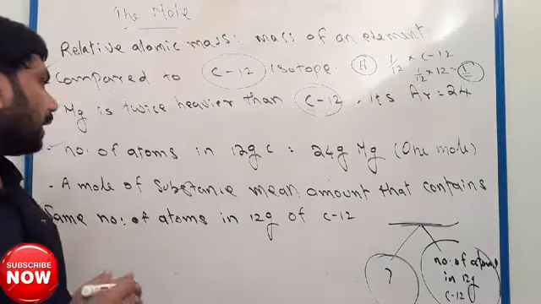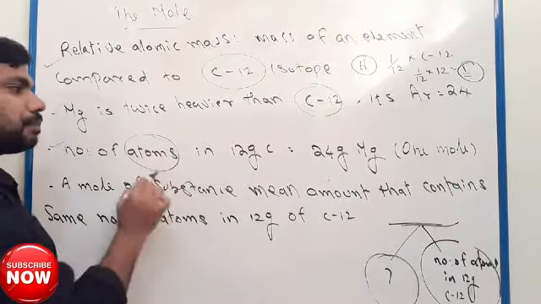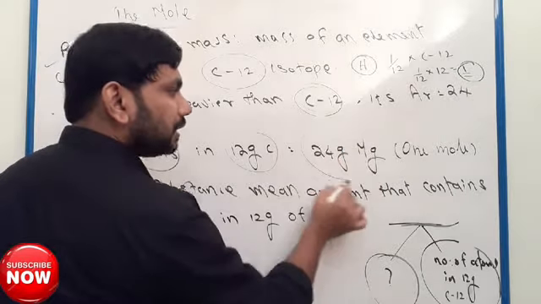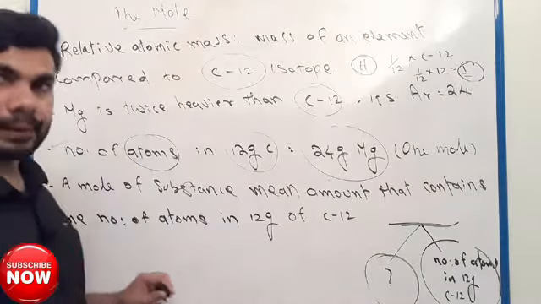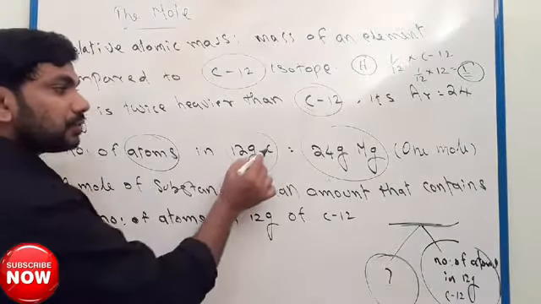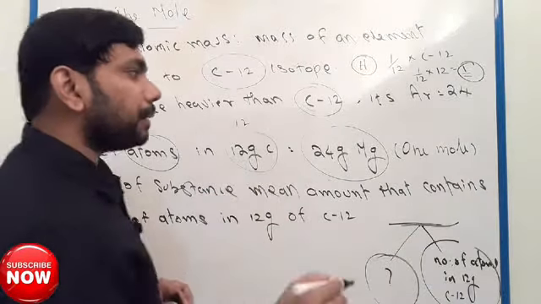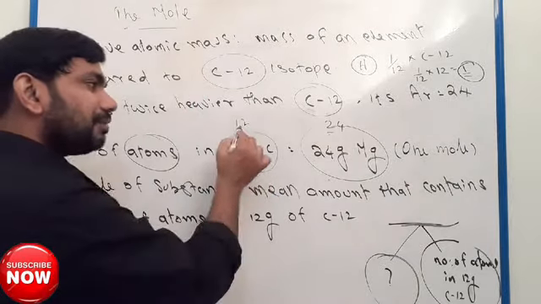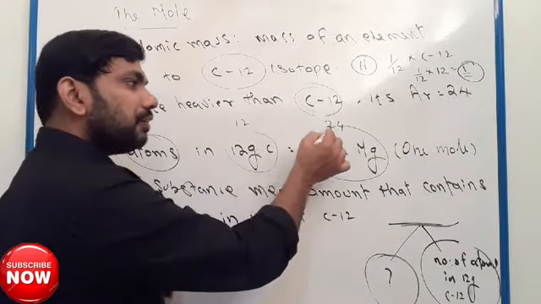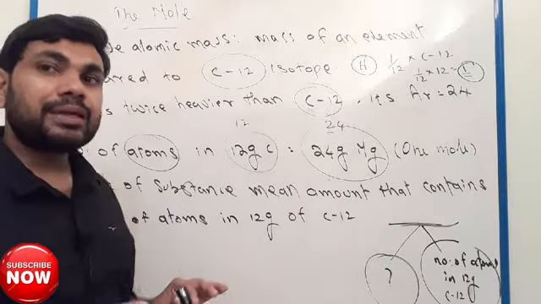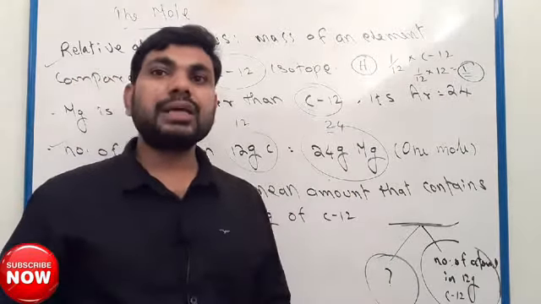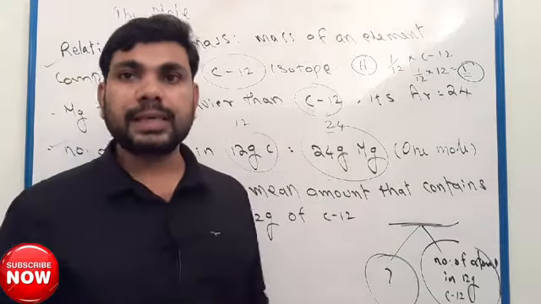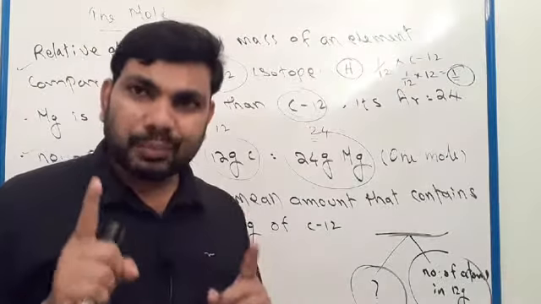So the number of atoms in 12 gram carbon and in 24 gram magnesium will be the same. Clear?